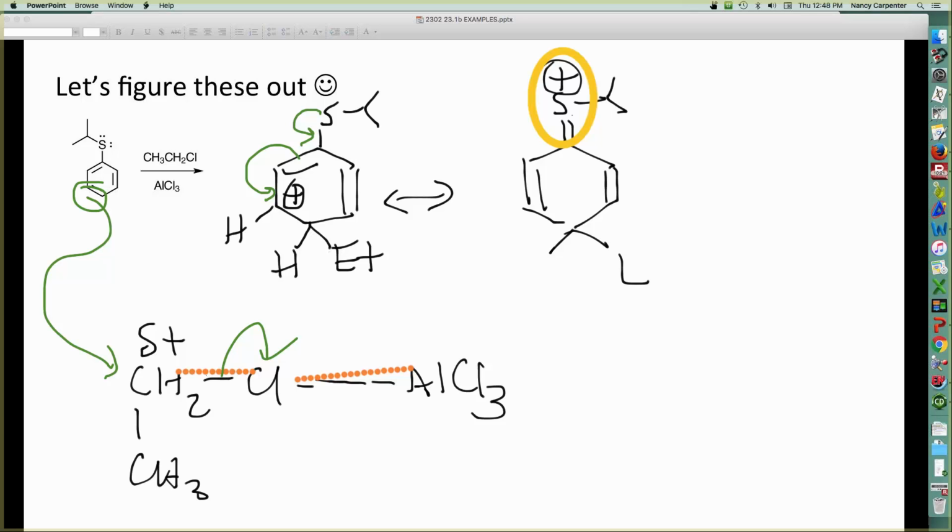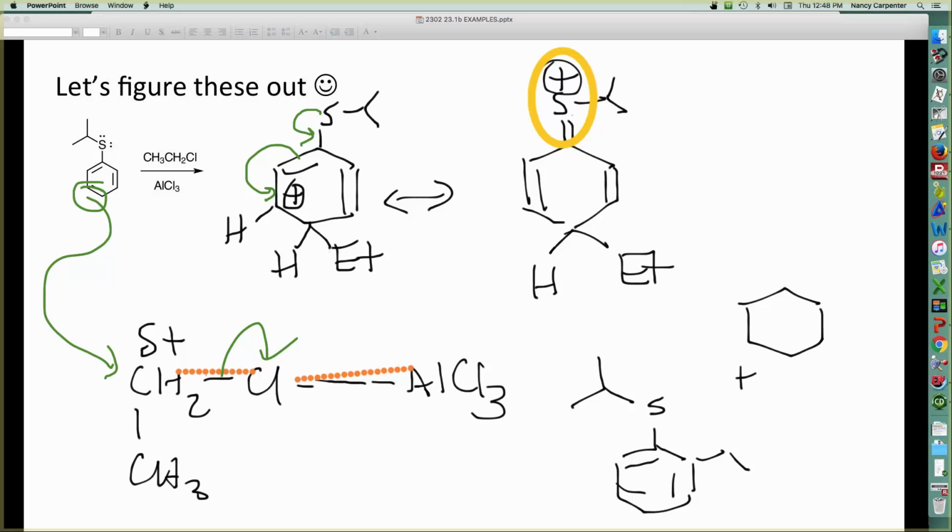And so that makes this substituent an ortho-para-director. This is the expected outcome. So we should see yet another mixture of ortho and para products. So there you have it. Think mechanism, and it all becomes clear.